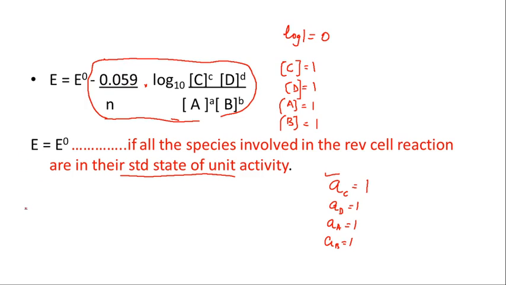So E, that is EMF of the cell, becomes equal to the standard EMF of the cell when all the species involved in the reversible cell reaction are in their standard state of unit activity. So how do we define standard EMF of the cell?